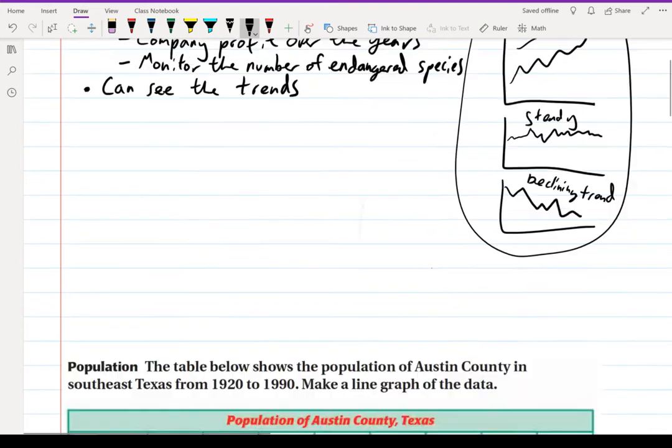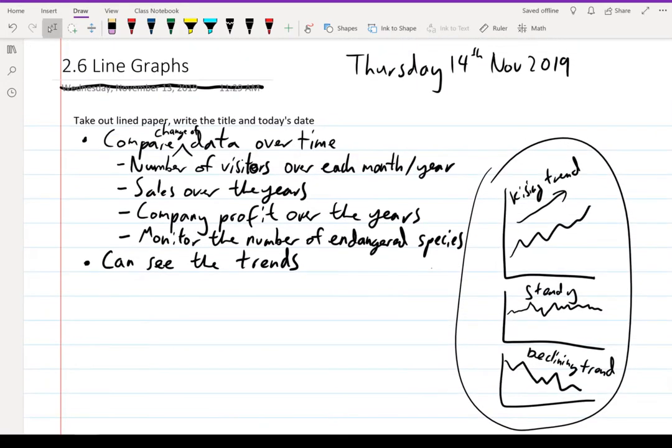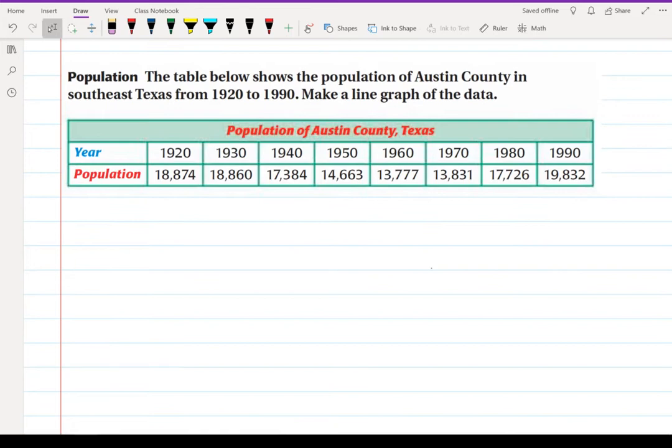Okay, so moving on to the first example, let me give you some time to copy this down first. I'll give you a good 5 seconds. Okay, so first example, we have a population table.